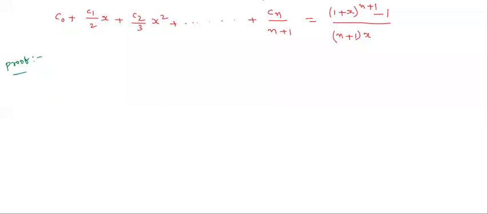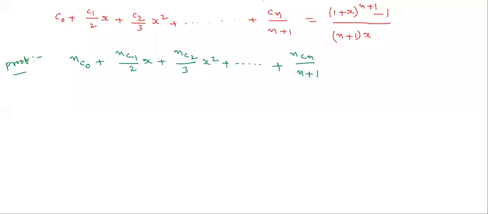See the left hand side, what is there? C0, meaning nC0, plus nC1 by 2 into x plus nC2 by 3 into x square plus and so on. Cn is there, meaning nCn divided by n plus 1.